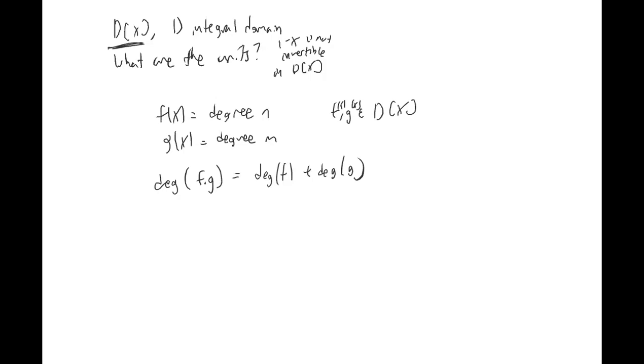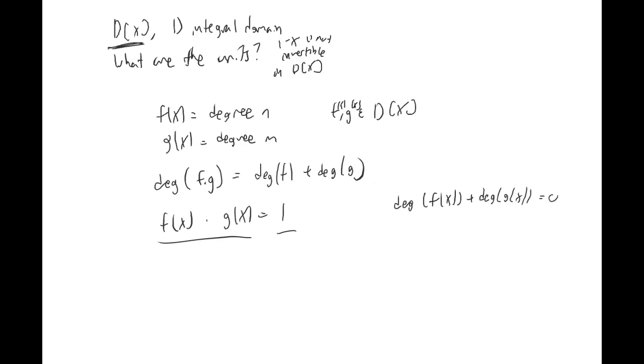So what does unit mean? If I gave you f(x), I need to find a g such that this is 1, right? But what's the degree of this? If these are equal, then the degrees should be equal, right? So the degree of f(x) plus the degree of g(x) is 0.